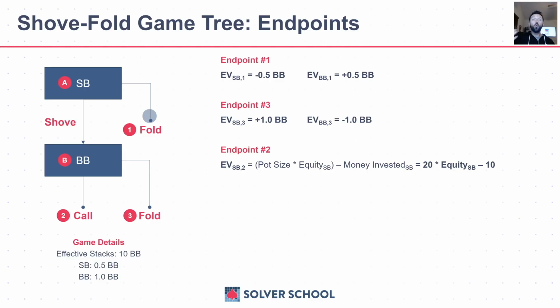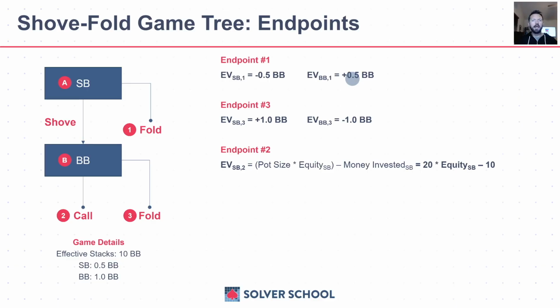And the big blind always wins the hand here in this spot. So in this case here, the big blind's equity is 100%, yielding 1.5 big blinds for this side of the equation. And then the big blind invested one blind. So by subtracting out the one blind, the big blind's EV here yields out the 0.5 big blinds.